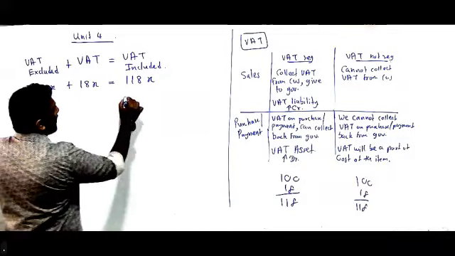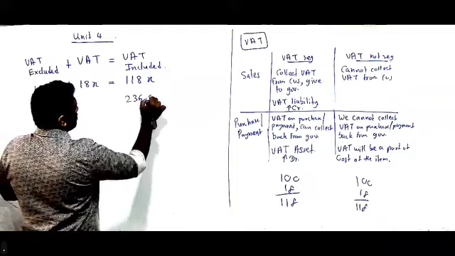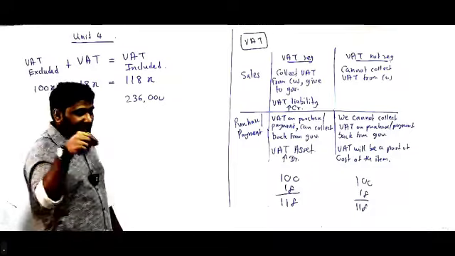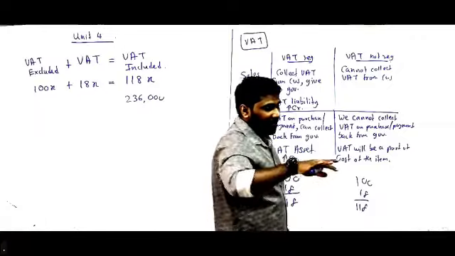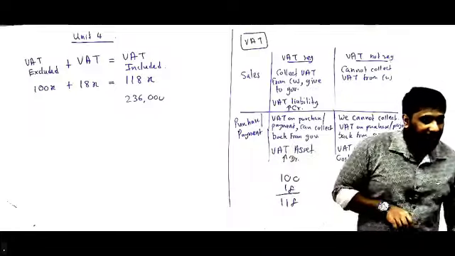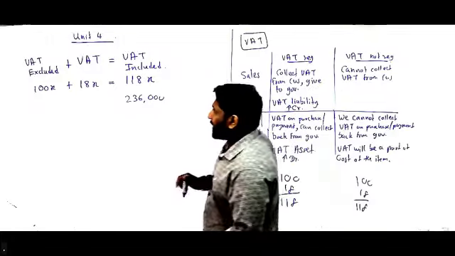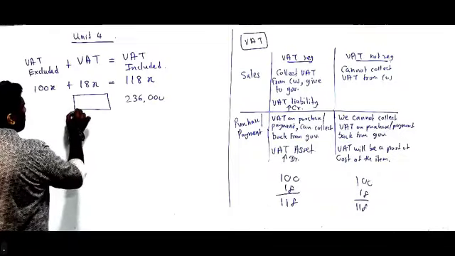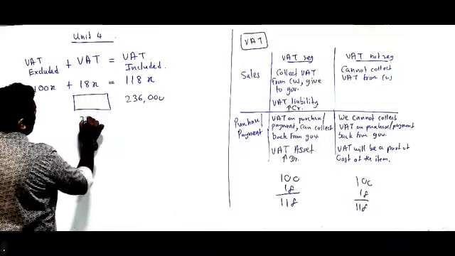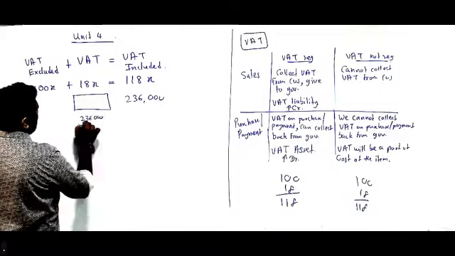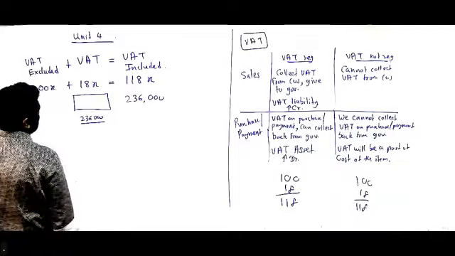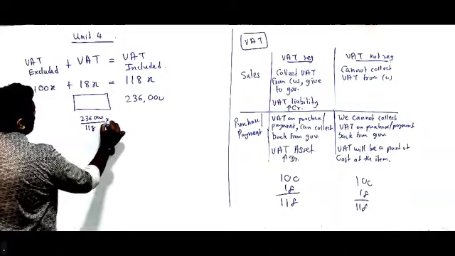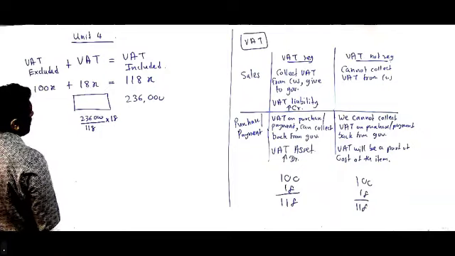We'll assume this is 236,000. They are giving the amount which includes the VAT. Now in this situation, you want to find the VAT amount. How to find it? 236 is the value of how many x's? 118. The VAT is how many x's? 18.